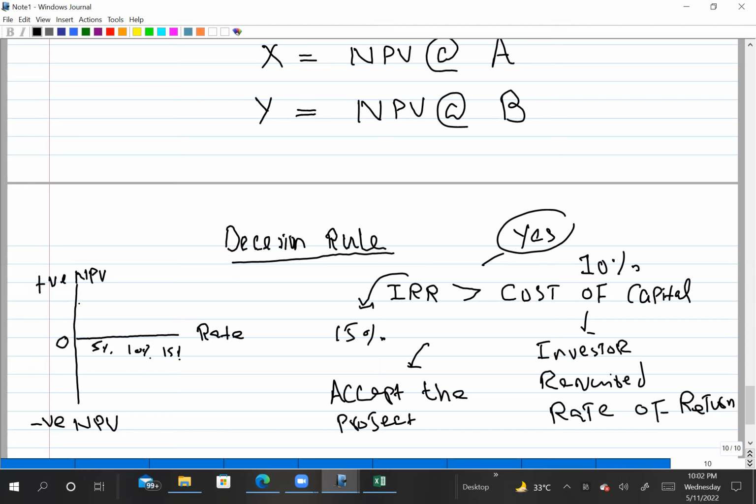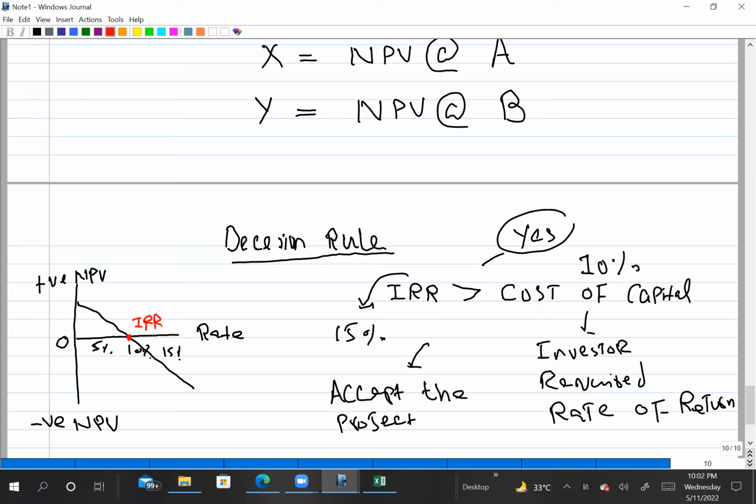If we draw a graph, this will be the graph. And this red point is the internal rate of return. That means when we move towards a greater rate of return, the NPV will tend to decrease. And the rate at which the NPV will be 0, that will be the internal rate of return.